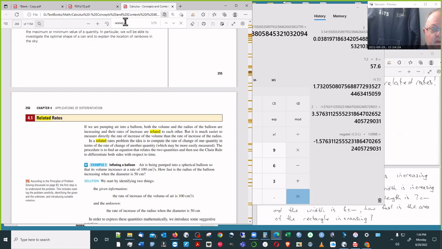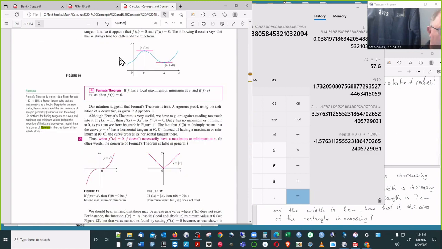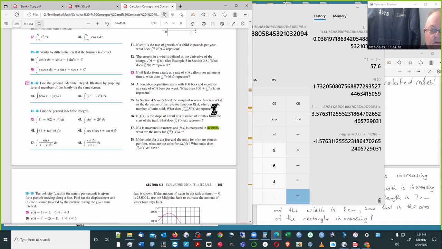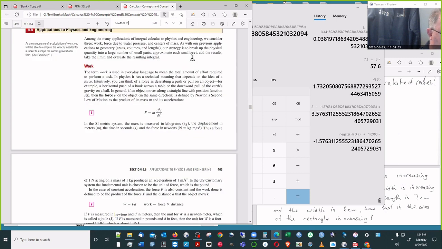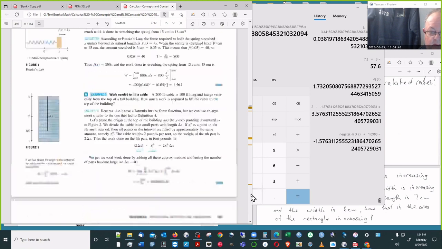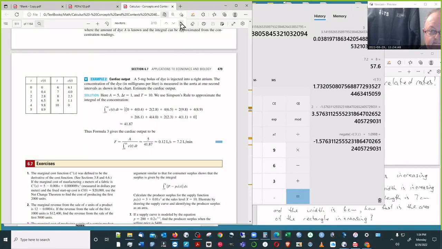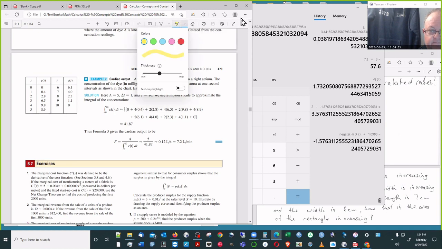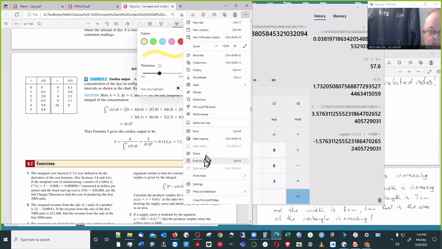And what was the other thing that we were looking at? Newton's method. Let's try that. No, doesn't like it. Alright, I might just come way down here. Don't know what I'm doing.